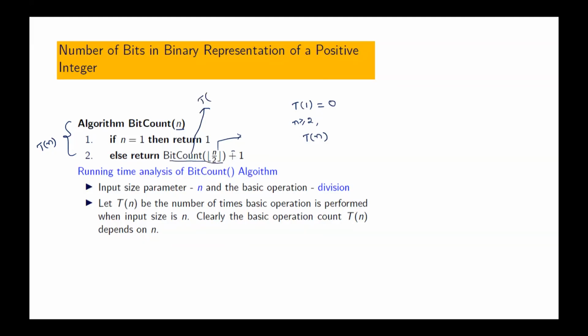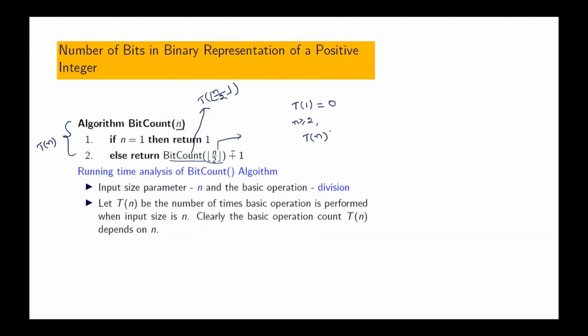If n is input, the number of divisions I am calling T of n. If n by 2 is input, how many divisions? Same, T of that number I am writing, T of n by 2.